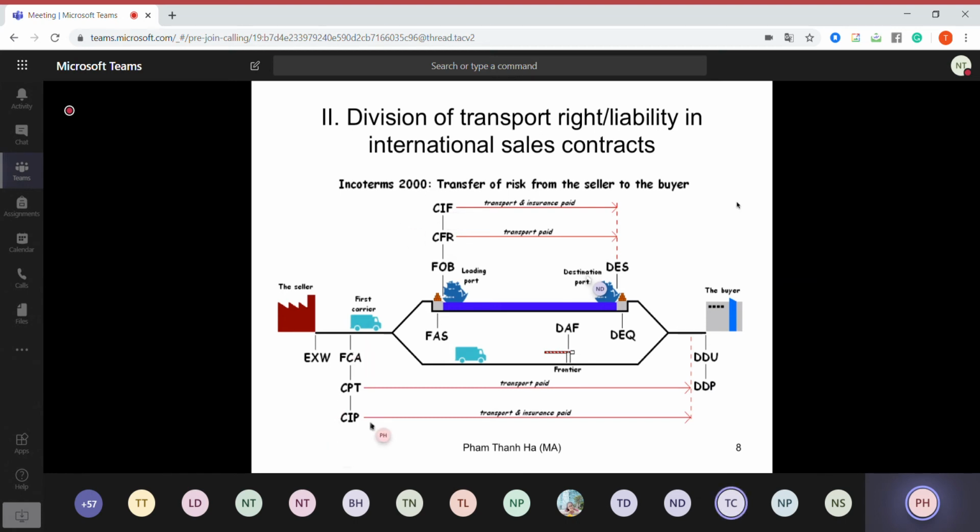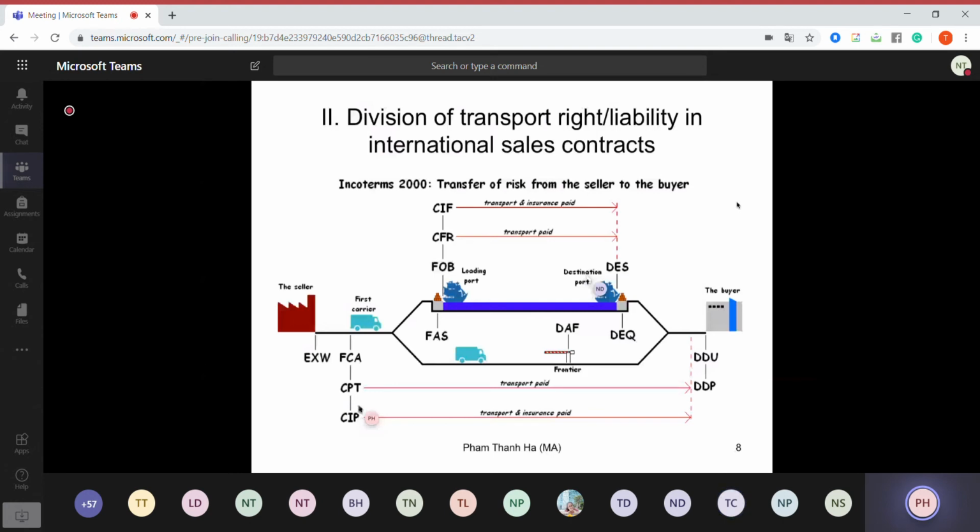Similarly, for the CIP, even though they recommend that we apply the A clause, if both parties agree, we can reduce the scope of coverage of the insurance policy, so we can apply the B clause or C clause. That's also a very interesting new thing in the newest version, the Incoterms 2020.